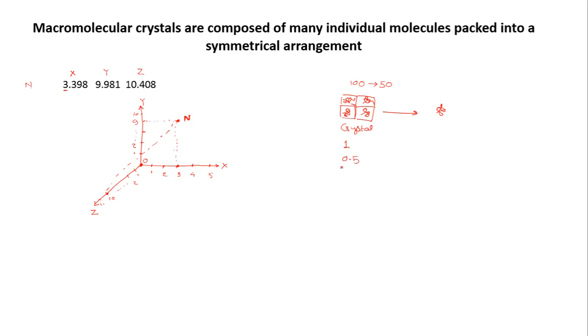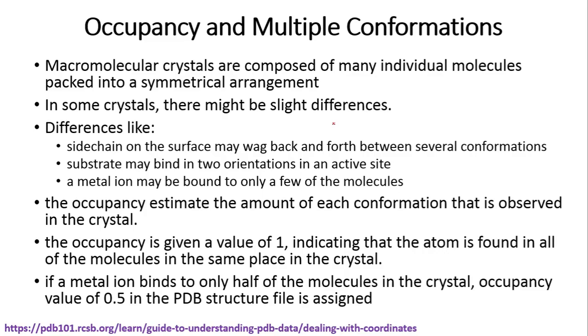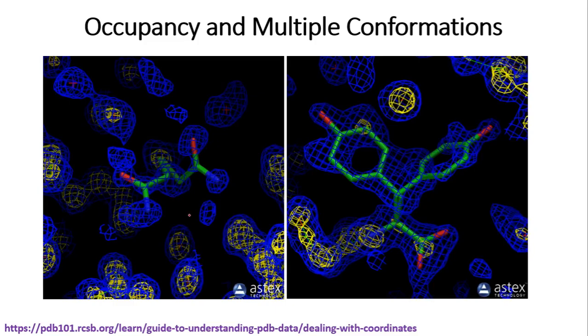The value of 0.5 indicates that the atom is present in the same location only in half of the molecules in your crystal. That is what occupancy means. For example, if a metal ion binds to only half of the molecules in the crystal, the occupancy value would be 0.5. Okay, so this is how the occupancy might be represented in your electron density map.